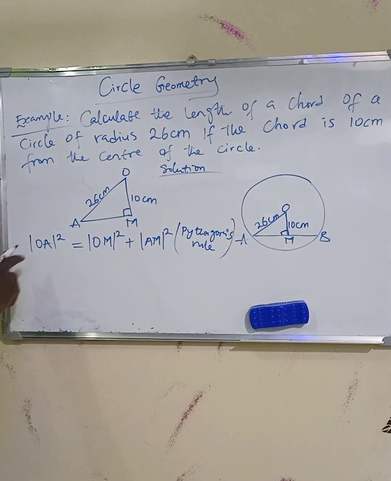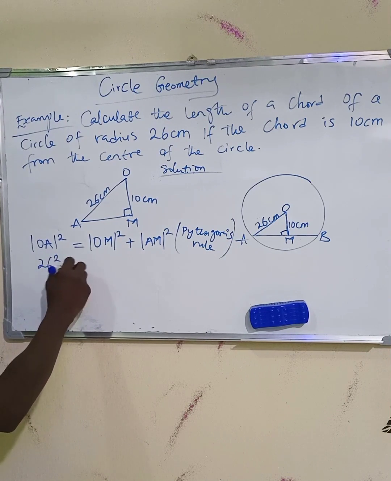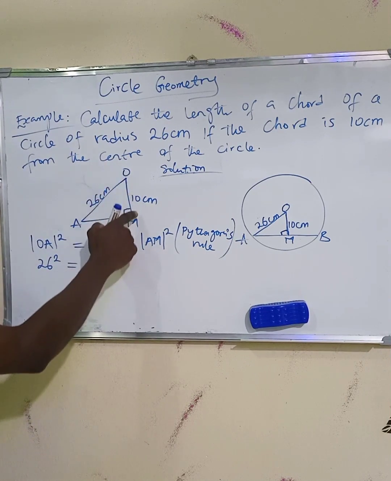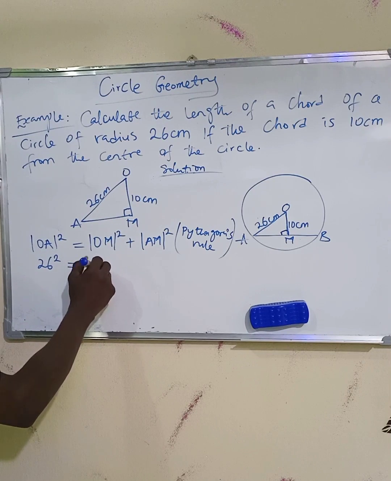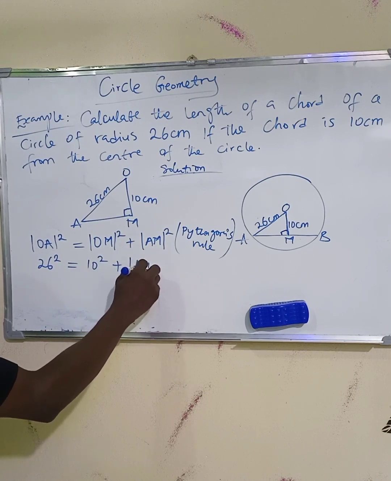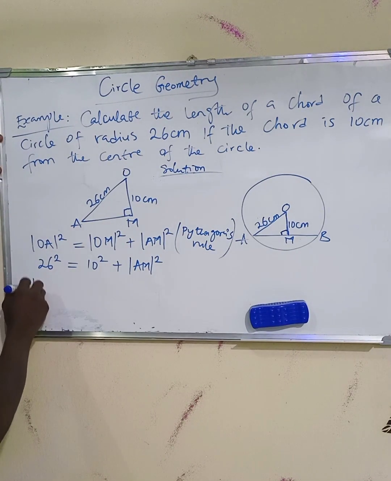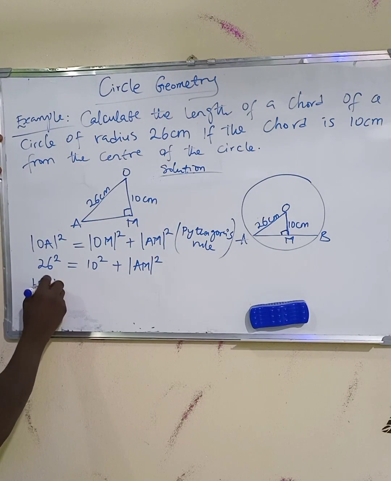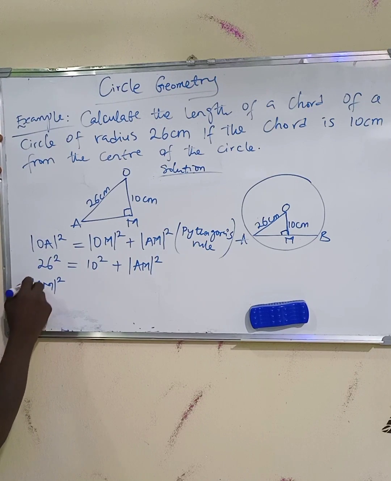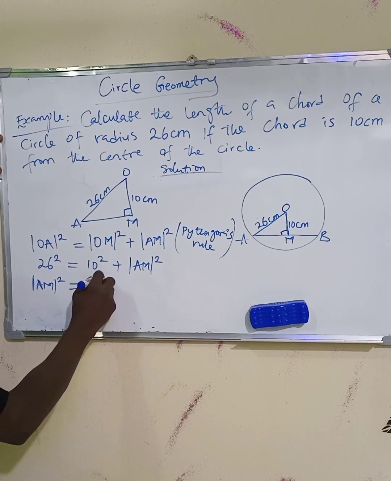So let's continue. OA squared is 26 squared, is equal to OM squared. OM squared is 10 squared, plus AM is unknown, so we'll still maintain it as AM squared. Now let's make AM the subject of the formula. AM squared will be equal to 26 squared.